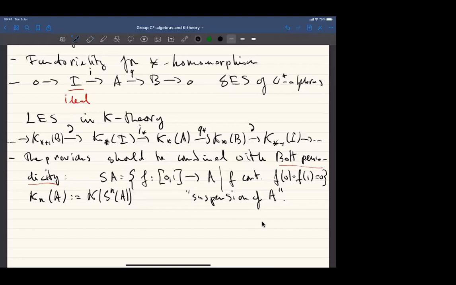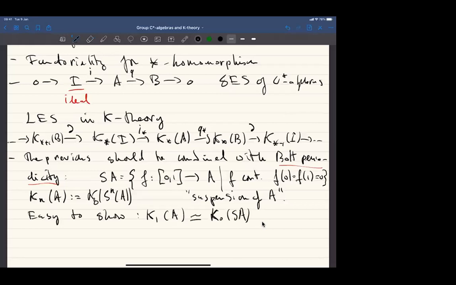So the higher K groups you would define as the K0 groups of the nth suspension, where it is easy to show that K1 of A, as I defined it, is actually always isomorphic to K0 of the suspension.